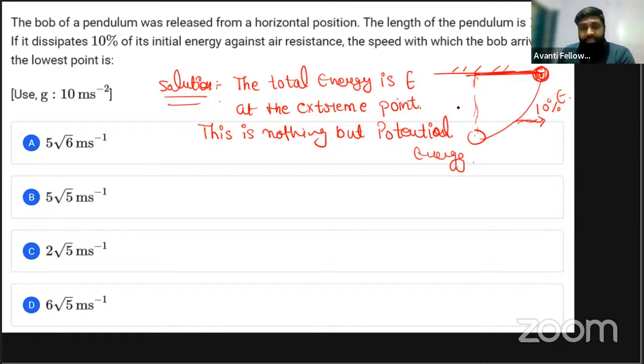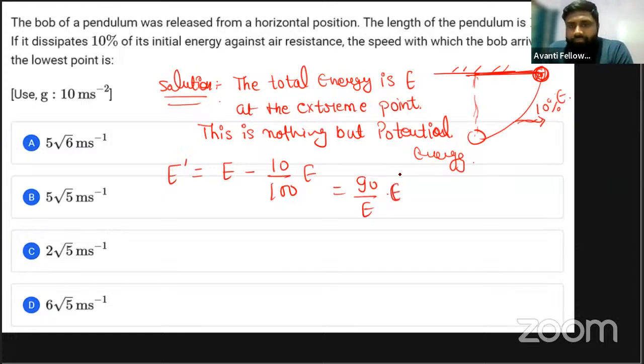Let's say what is the decrement? So the total energy that you will have now is E dash, which is E minus 10%, 10 upon 100 into E. So it will become 90 upon 100 into E. Got it? And this E is nothing but the potential energy, because here the total energy itself is potential energy.